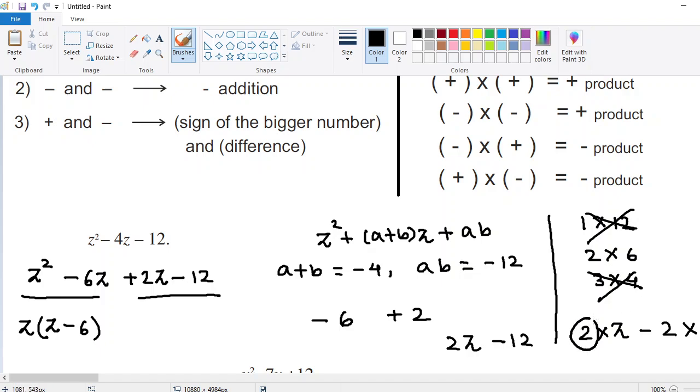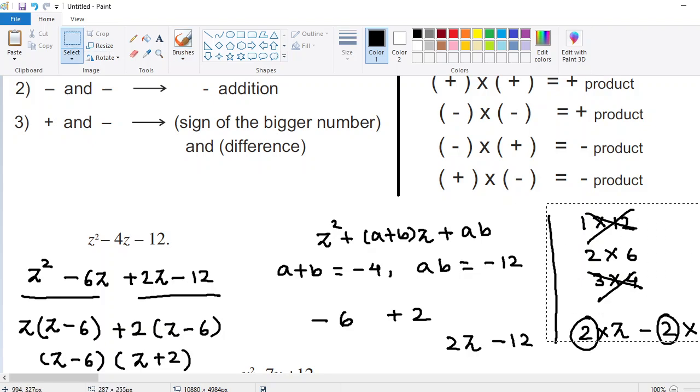Now what can be taken common? 2. Here we have a plus sign, so we write plus, and here it is z minus 6, which is again a common term. This is the common factor, and the factor formed by the other terms is z plus 2. Okay.